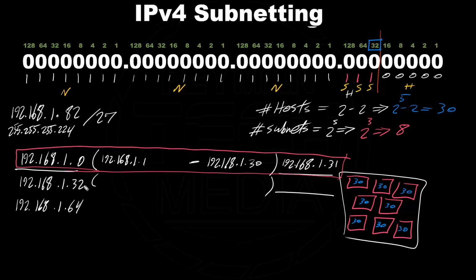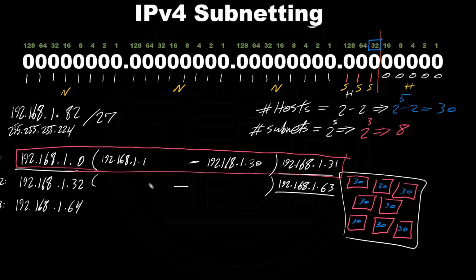If we want to move on to the next subnet, the broadcast is one less than the next subnet. So let's say this is subnet 1, subnet 2, subnet 3. For subnet 2, the broadcast address is one less than the next subnet, which is subnet 3, 1.64. So this one should be 192.168.1.63, because the next one is 1.64.